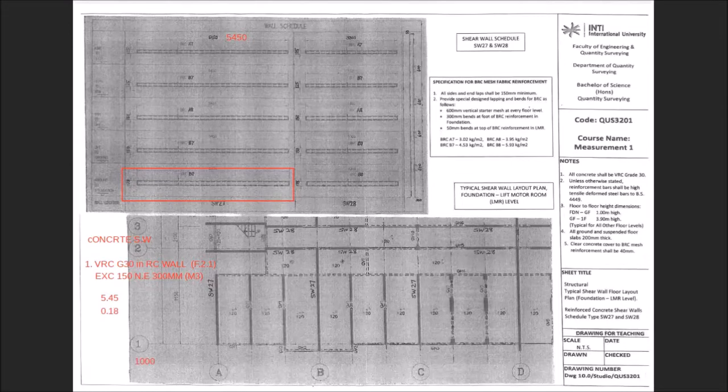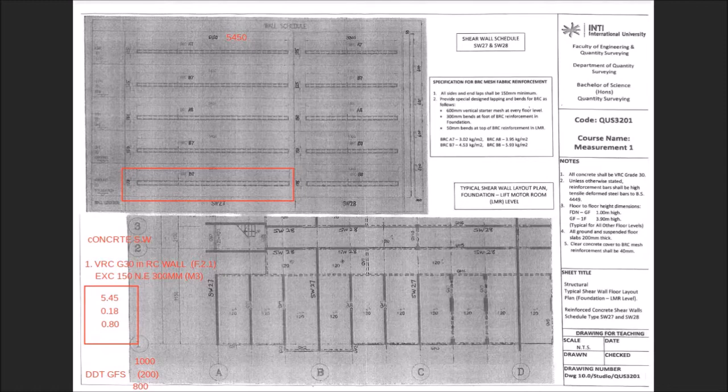Deduct the ground floor slab, deduct this one as 200. So what is the height? You get 800. Okay, the height is 0.80. This is one of the examples for you to measure the first one. So you have to repeat the same thing for the other category. Say for example, you want to measure for the second category.